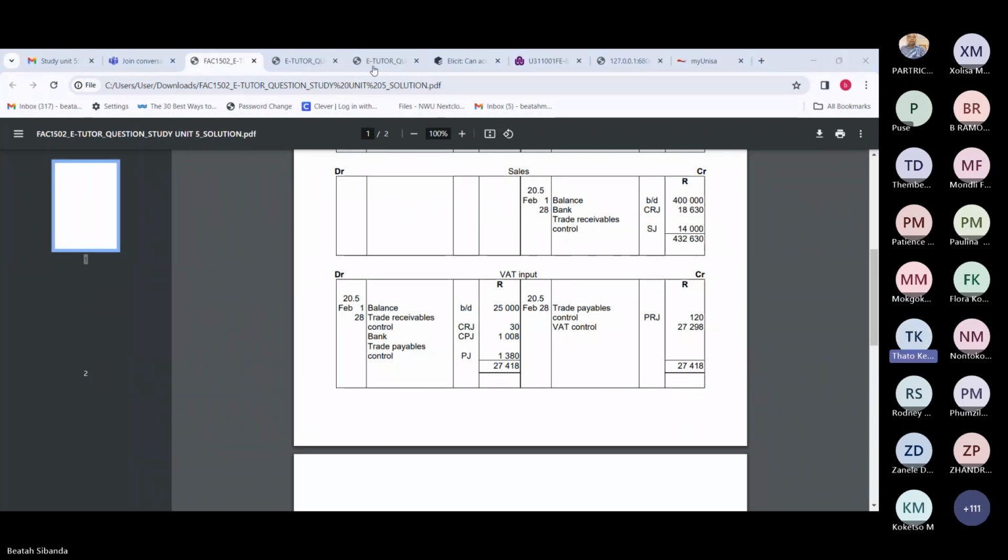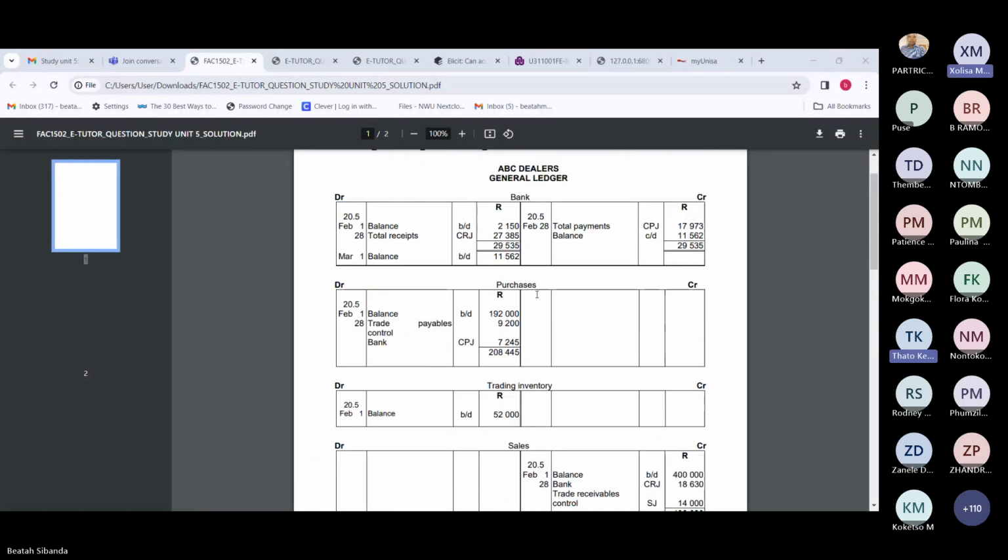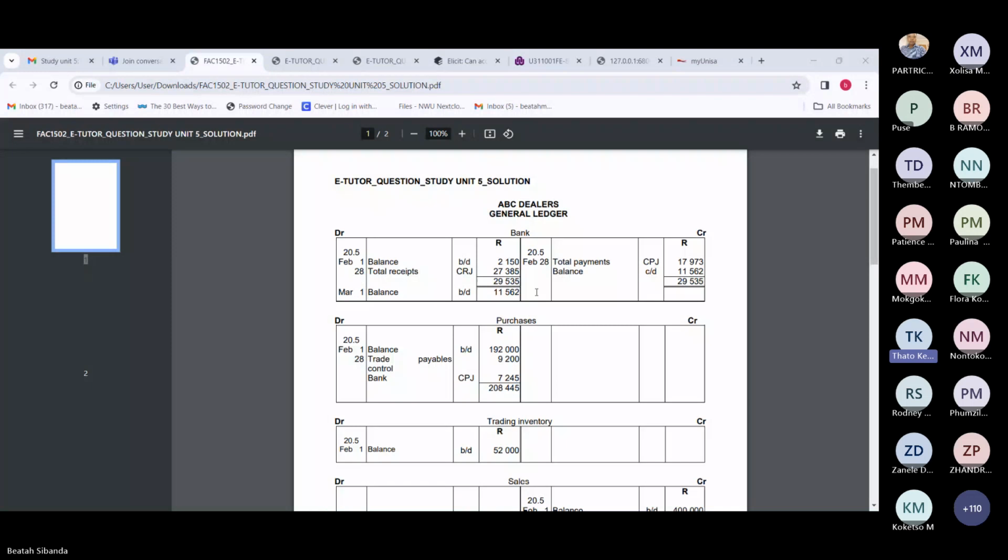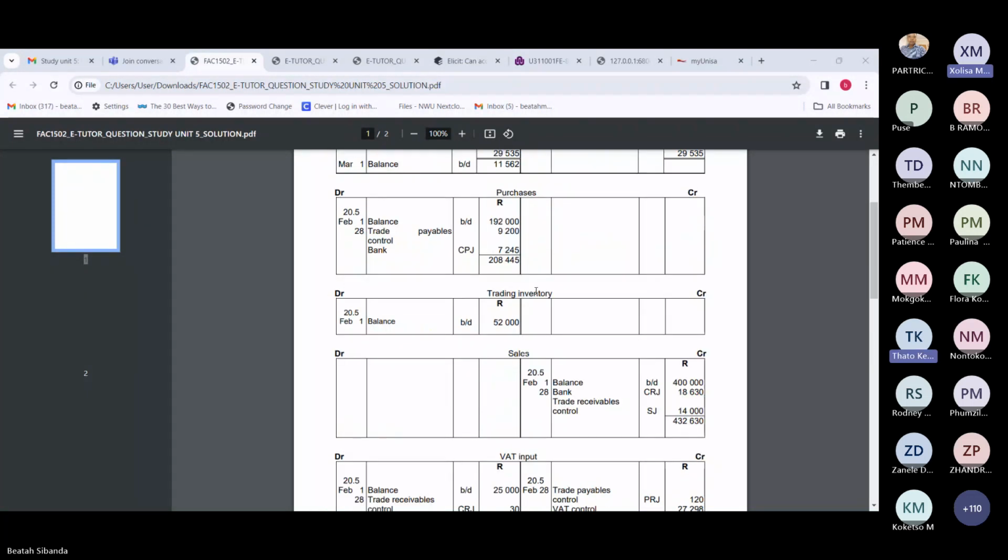I have a question about sales. Sales return. Why didn't we debit the sales return? And also the cash sales. Why does it increase the VAT amount? Yes, the CRJ, that one, the 18,630.